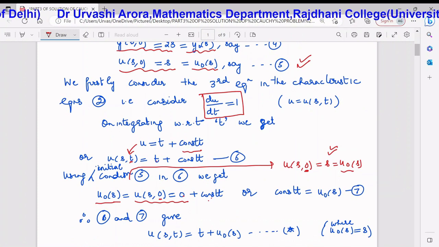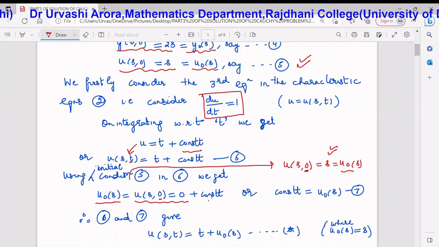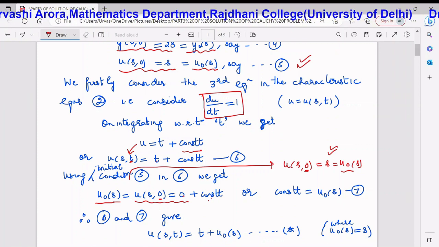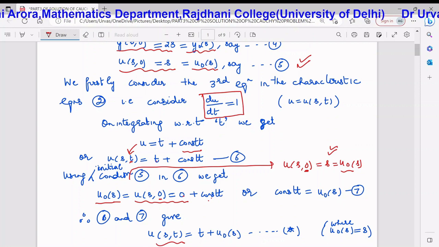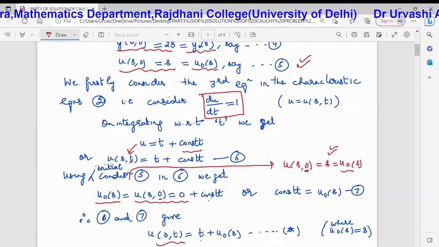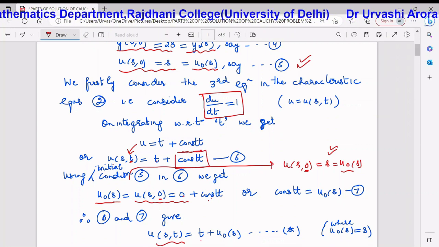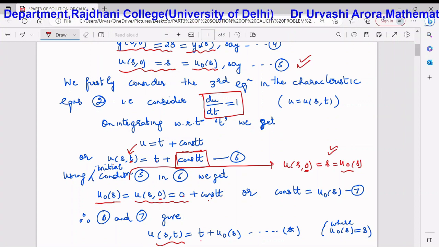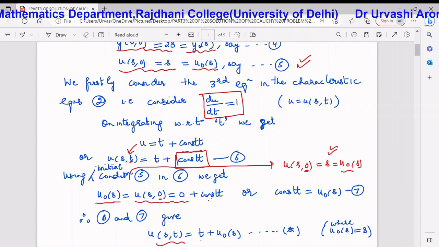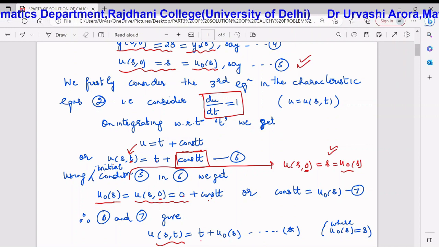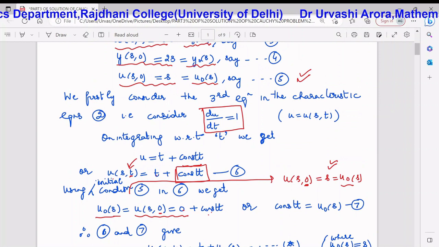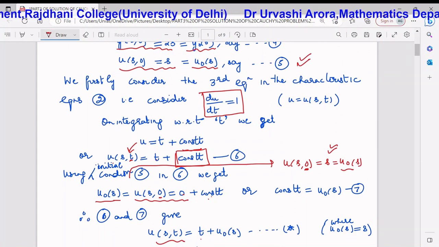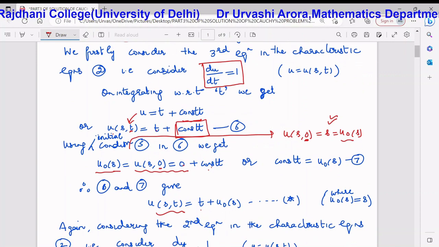Now using this value of the arbitrary constant, using 7 and 6, we have u(s,t) is equal to t plus this constant, whose value is u naught s. So this is the expression that we have for u(s,t), that u(s,t) comes out to be t plus u naught s.